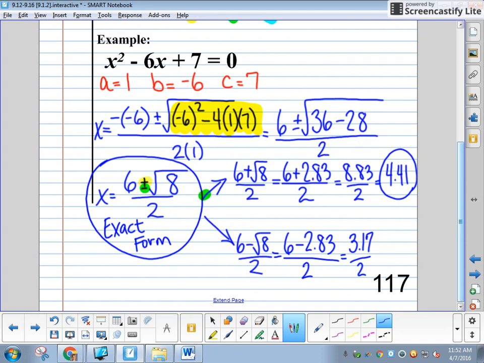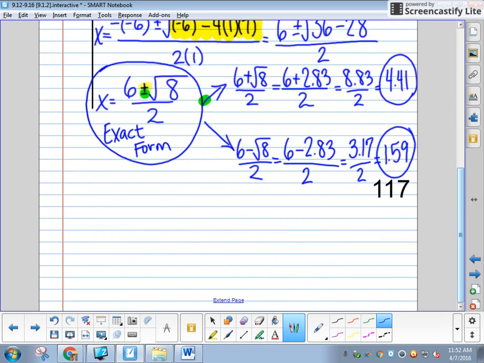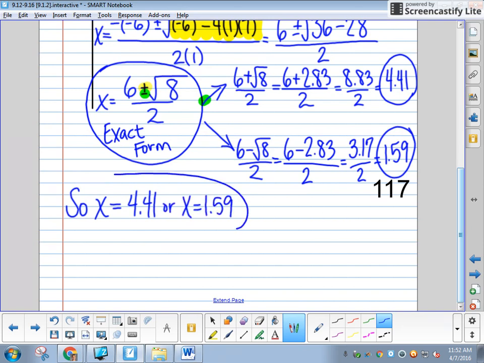So now I divide that by 2 and I get 1.59. There is my second answer in approximate form. So x equals 4.41 or x equals 1.59. And those would be my two answers in approximate form.